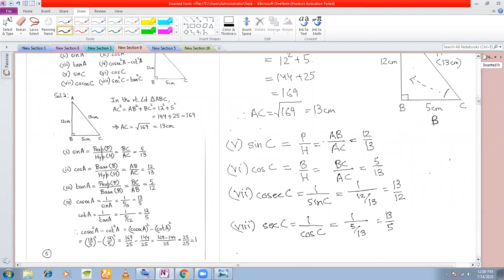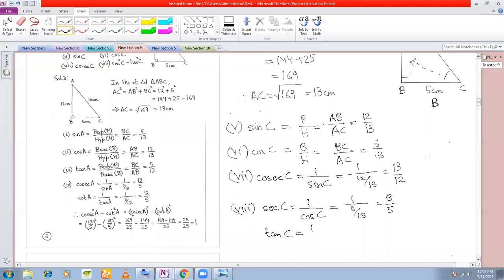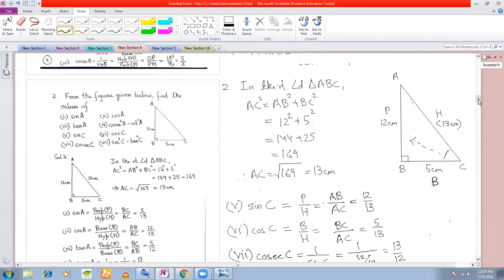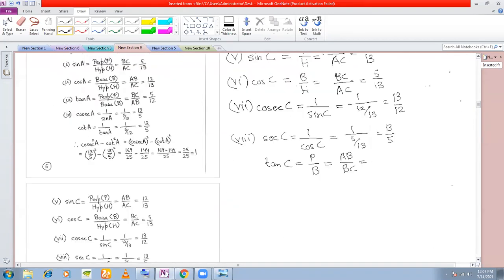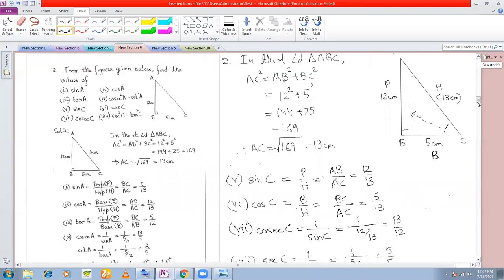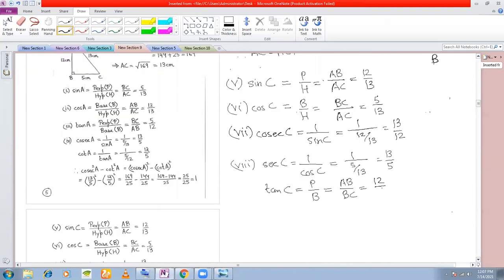So we found sec C. Now let's find out tan C. Tan C, again, you can find in two ways: perpendicular by base, or sin C by cos C also. Perpendicular here is AB and base here is BC. AB by BC is equal to 12 by 5. Right? Yes, 12 by 5.